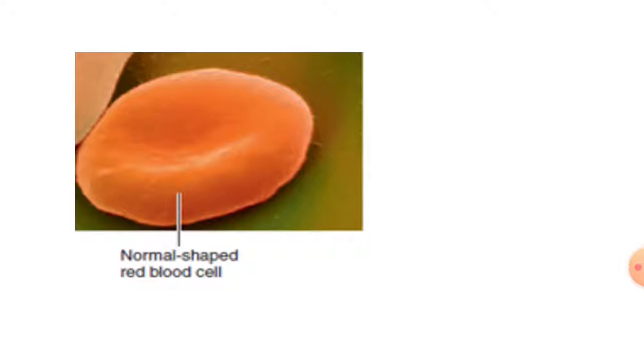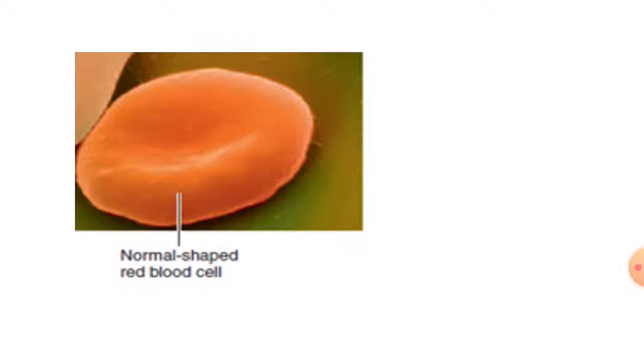Also, the shape of the cell, as we know, is biconcave, and this biconcave shape increases the surface area of the cell, and it makes the cell hold more oxygen.